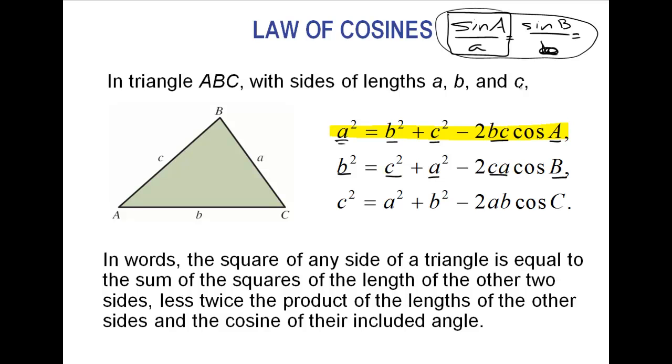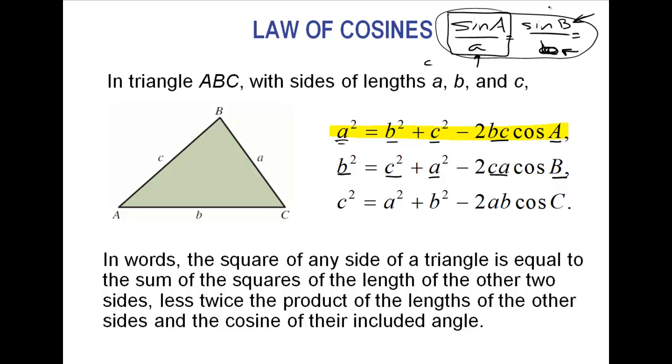So there is some overlap here, right? If we're trying to, let's say, solve for B, we would need to know the other two pieces, so we would need to know A, and we would also need to know C. And then if we're trying to solve for B, we also have to have its angle, which means we have to have this piece, right?